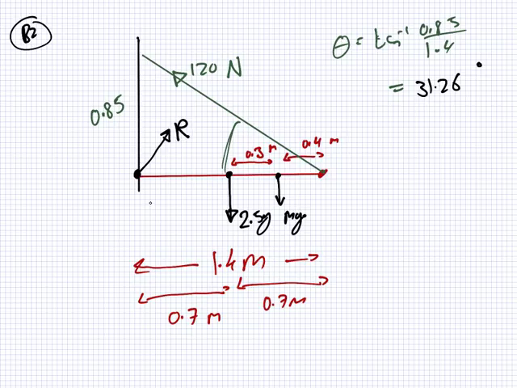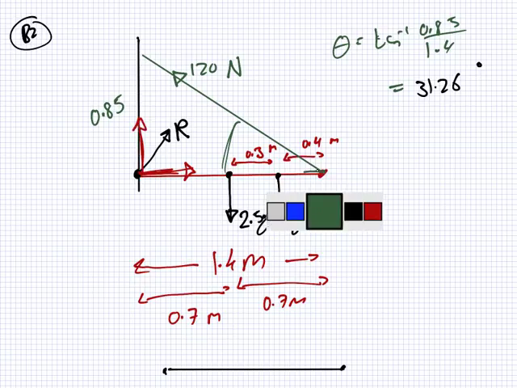So we need to resolve these into different components. If I just draw this again here, this has two components, a horizontal and a vertical, and this one here has a horizontal as well and a vertical. I don't care about the horizontal, I only care about the vertical.